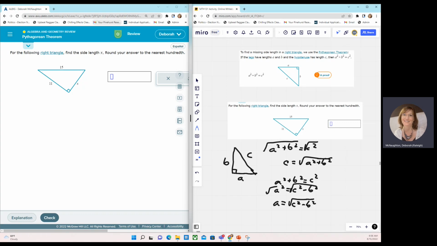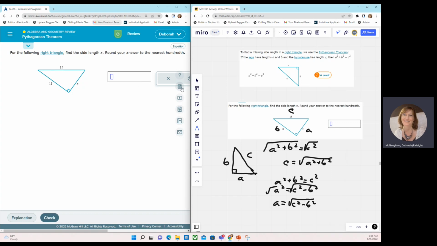Once we know this, I can just look at my equation here, and this is C, my hypotenuse. It is opposite my right angle. I can call the other sides whatever I want, so I can call this one B and this one A. So X is going to be the square root of C squared minus B squared.